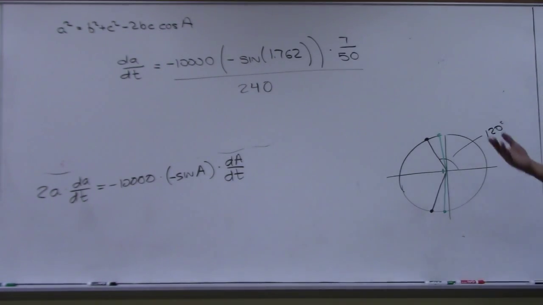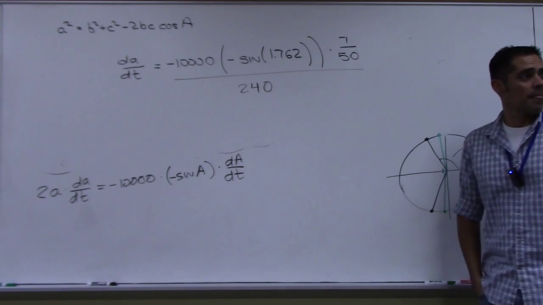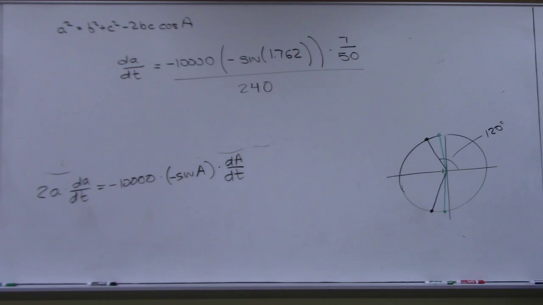Anybody get the answer? Remember what their answer was? 5.7 something? Let me try this. Sine of that times. 5.73?